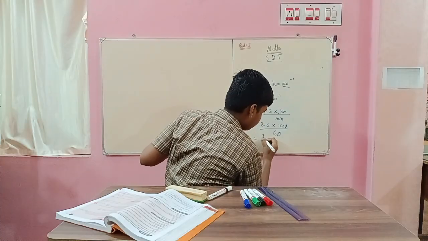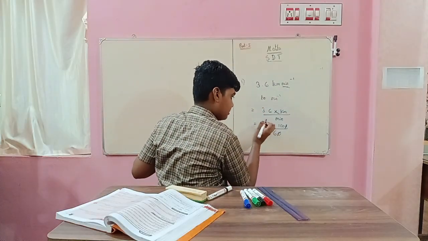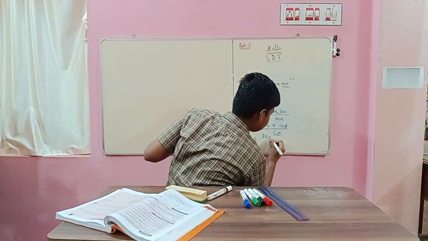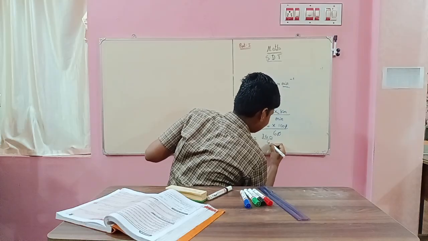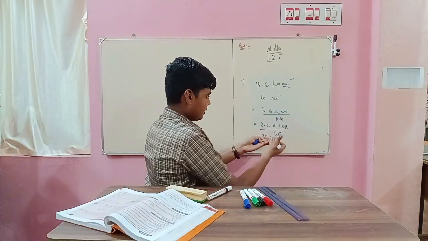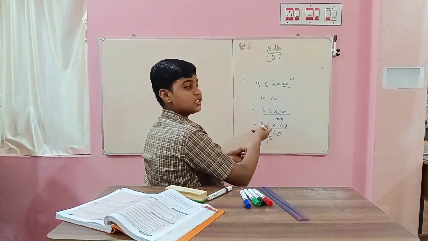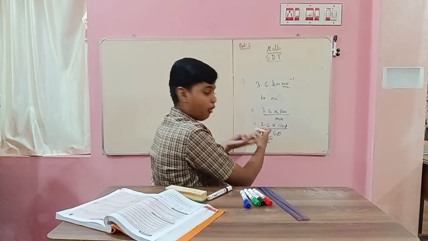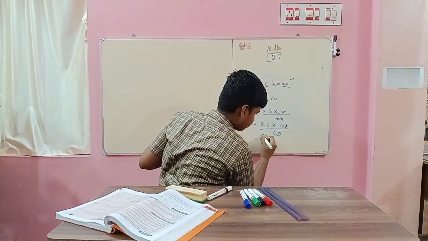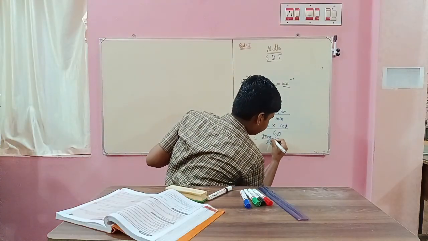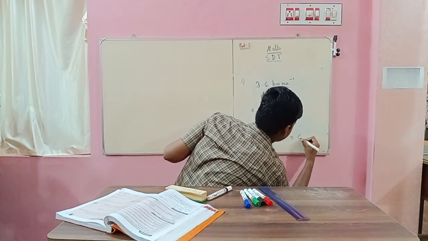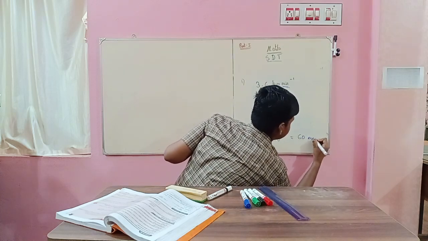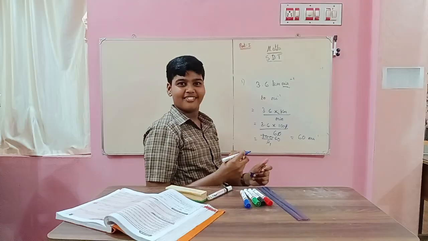Which is equal to this 0 comes this side. So it becomes 360 by 6. Very easy, right? If you cancel this and this, how will you convert this decimal into a normal whole number? So here 360 by 6. The answer is equal to how much? 60 and this one. Okay?